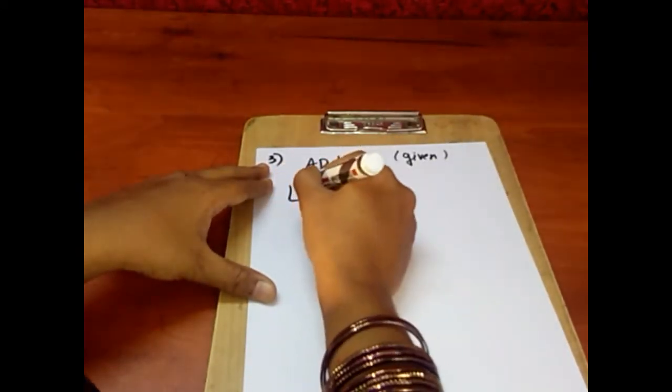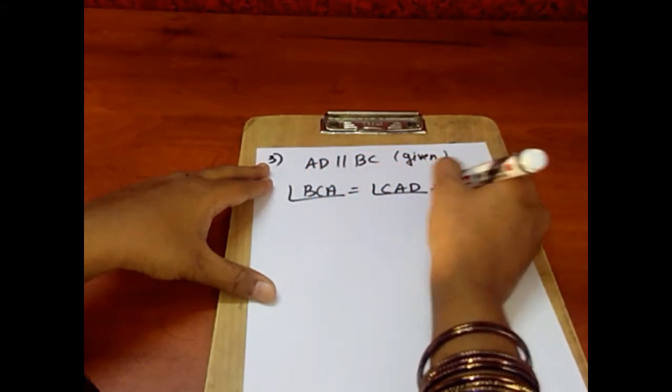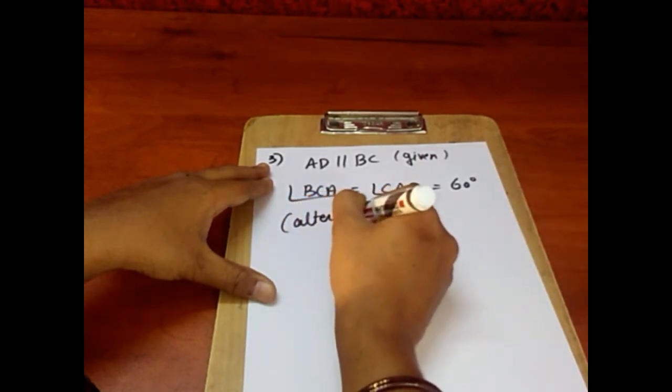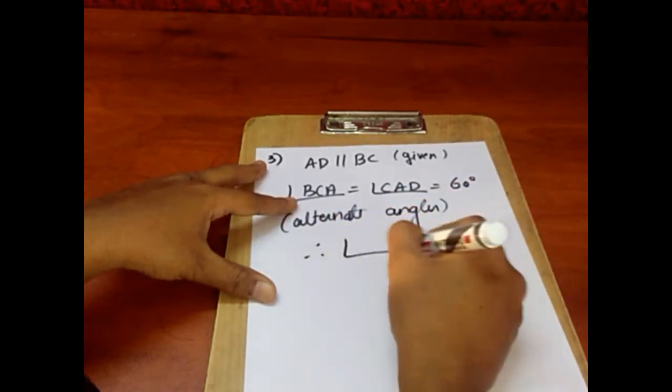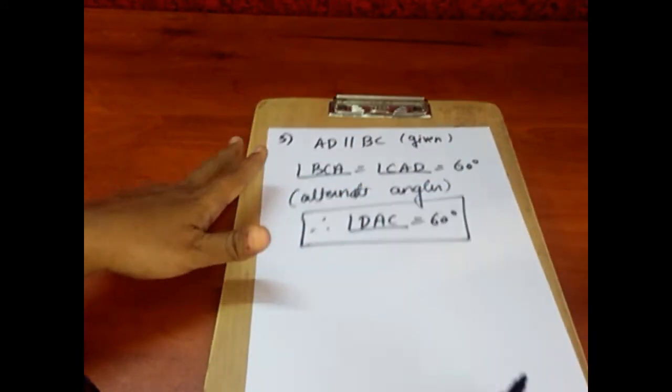Hence, angle BCA is equal to angle CAD is equal to 60 degrees. Reason: alternate angles. Therefore, the first point, angle DAC is equal to 60 degrees, is proved.